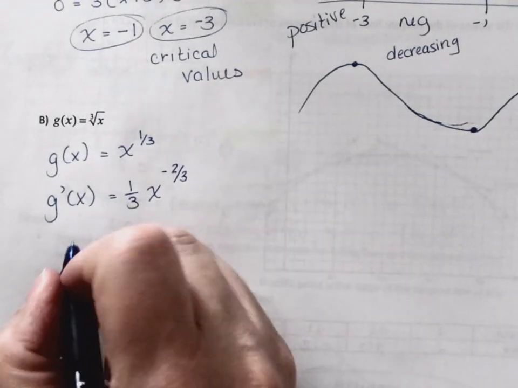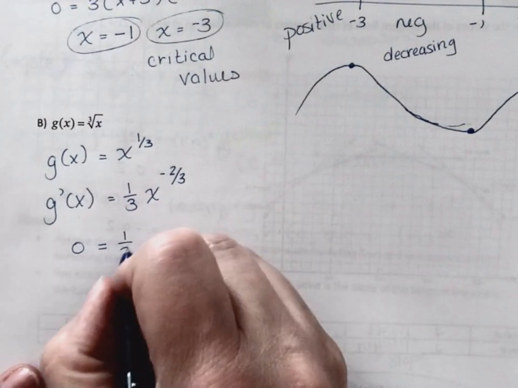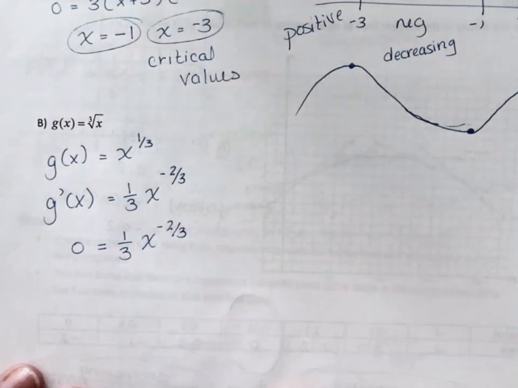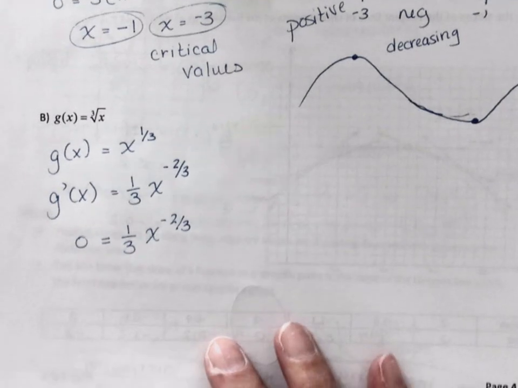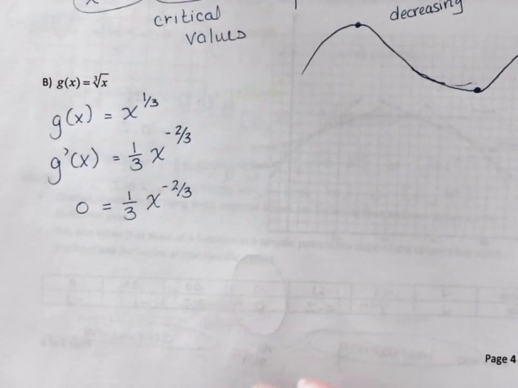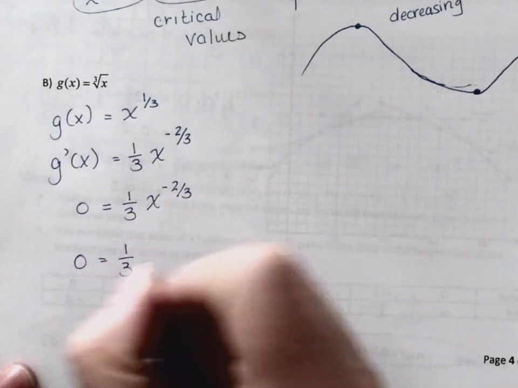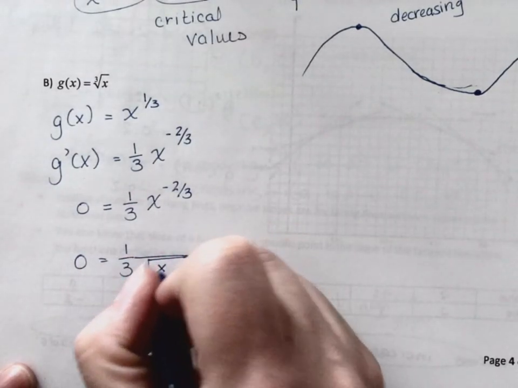We set the derivative equal to 0 to find our critical point. Well, that's ugly. I'm going to put it back into radical form because I think that will help you see what the problem is.